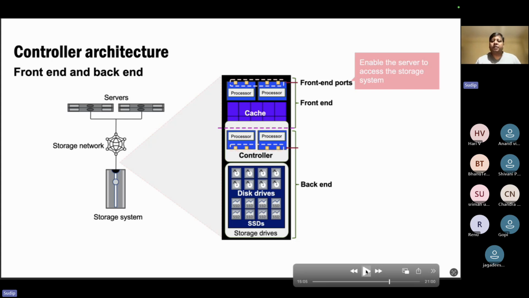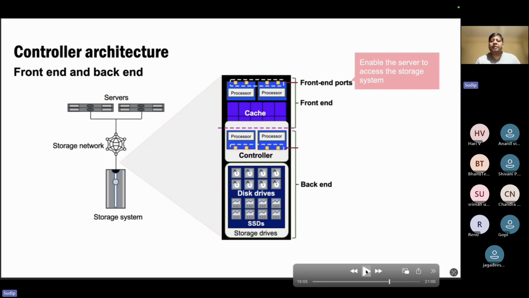However the solution architect, like me, has designed the entire solution, they will decide what kind of front end ports to be used, depending upon the performance need of the customer, what workload that storage system needs to serve, and the cost factors also.